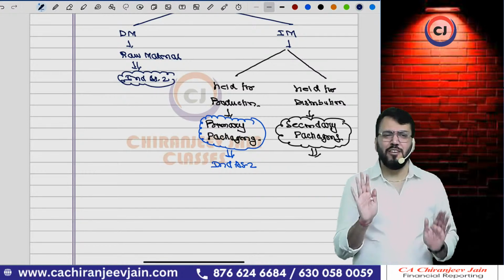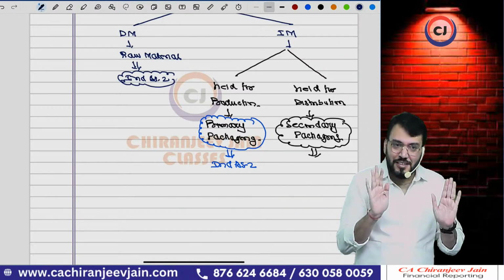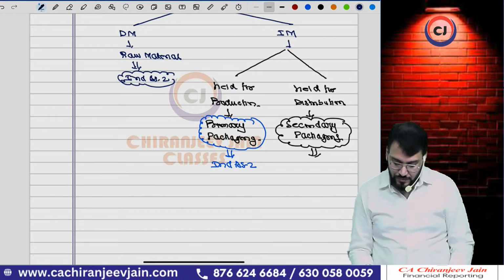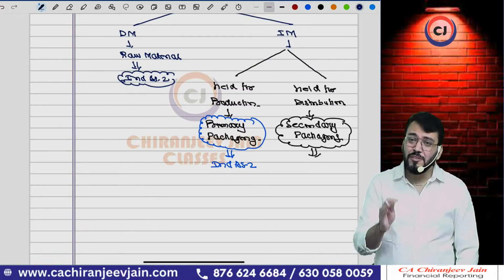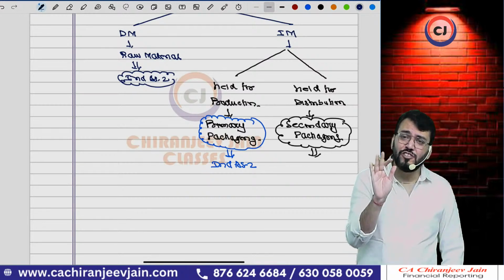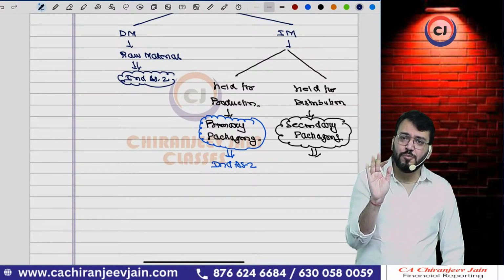What I am saying, just try to understand. Yes or no? I'm asking. If you are saying no, give me the reason. Everything will be charged to PL only. Inventory will also be charged to PL only.